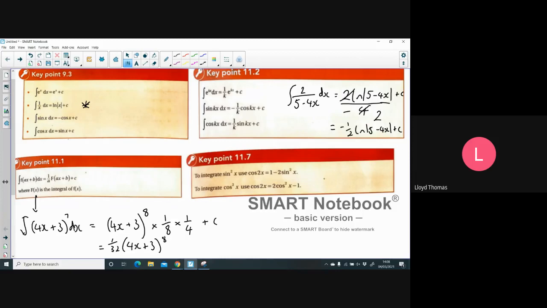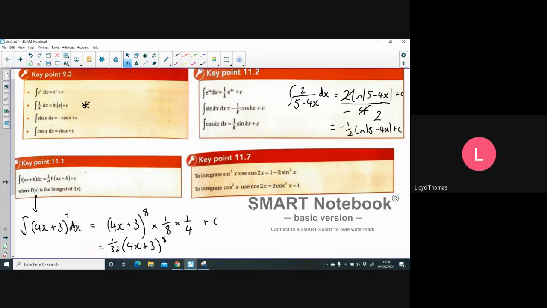Basically you can't integrate sine squared x or cos squared x, but you can integrate something that looks like cos 2x. So if we rearrange that identity, you can substitute something in that might be a bit nicer. So those are my generic basic integration rules there.